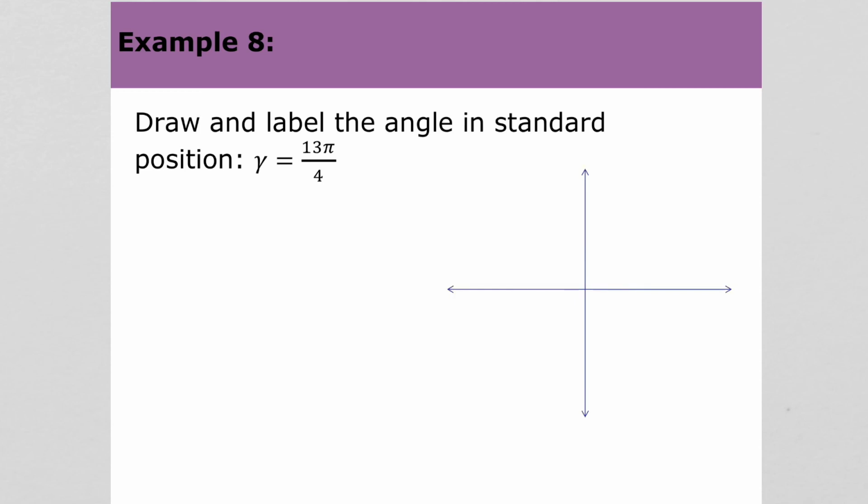And 13 pi over 4, so we just count 13 times. 1, 2, 3, 4, 5, 6, 7, 8, keep going, 9, 10, 11, 12, 13. So we end up here. And so all the way around to that terminal side, oh, I forgot my initial side, is 13 pi over 4. And that concludes the first part of our first section.